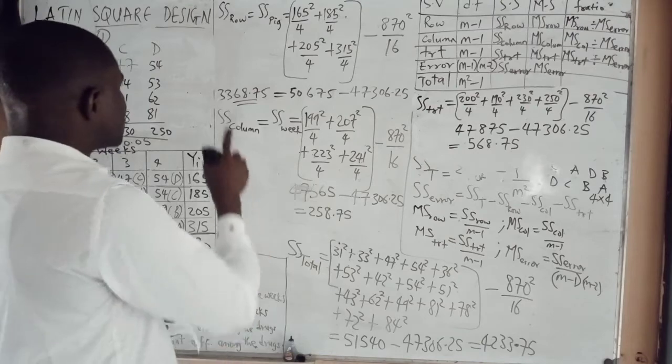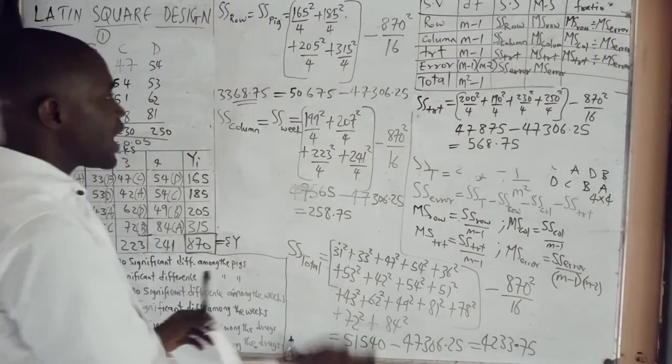So we have gotten our SS row, SS column, SS total, and SS treatment.